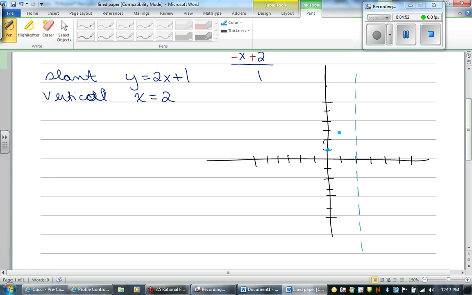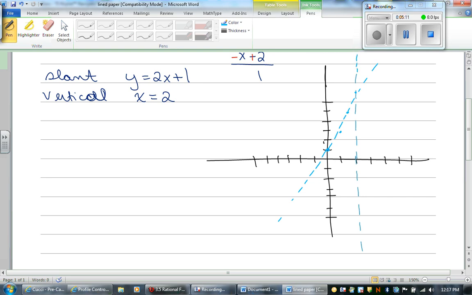So up 2 over 1, up 2 over 1, up 2 over 1. So we're going to have another asymptote that looks like this, although not perfect, it's going to be close enough.